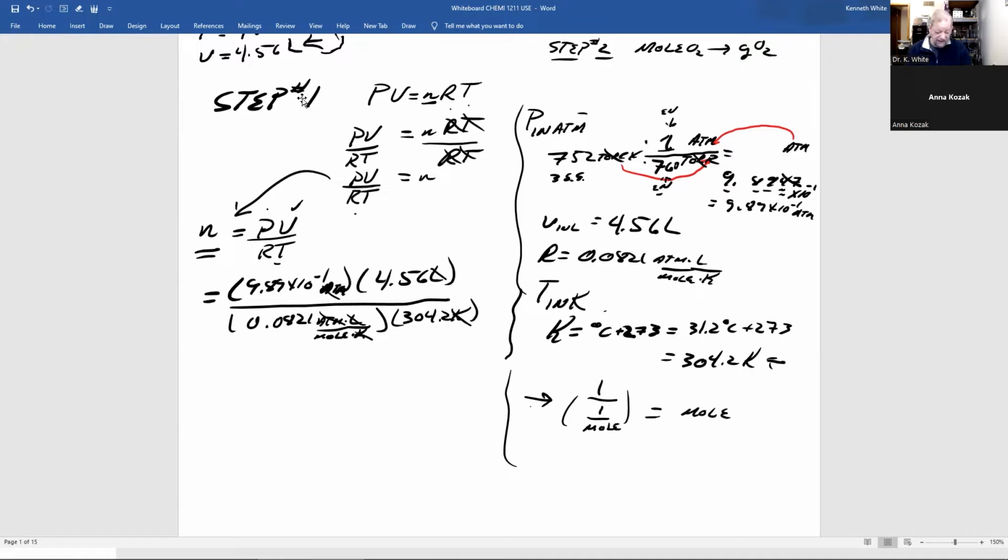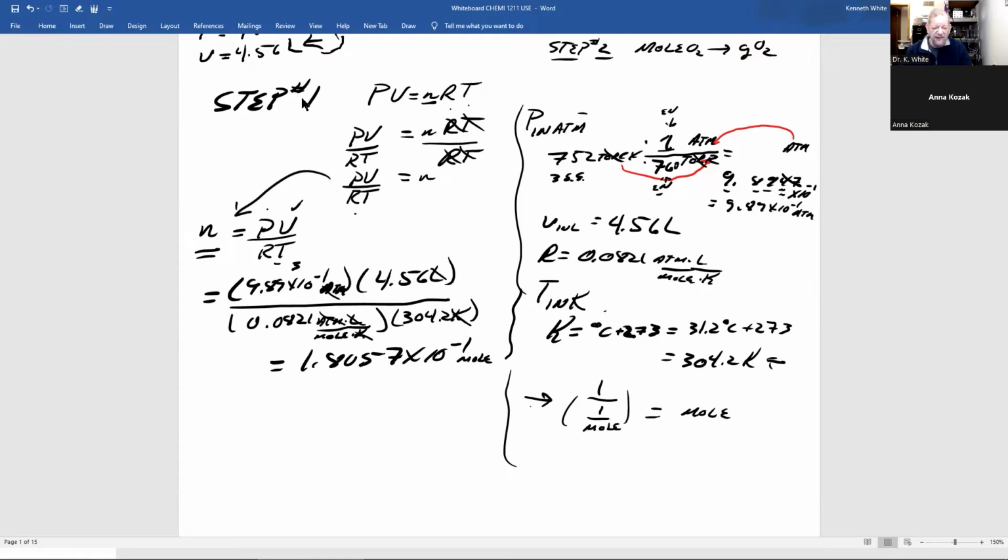And my calculator gives me the following answer. And this would be moles.